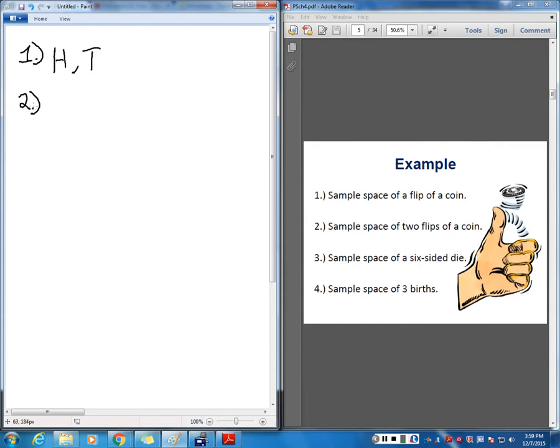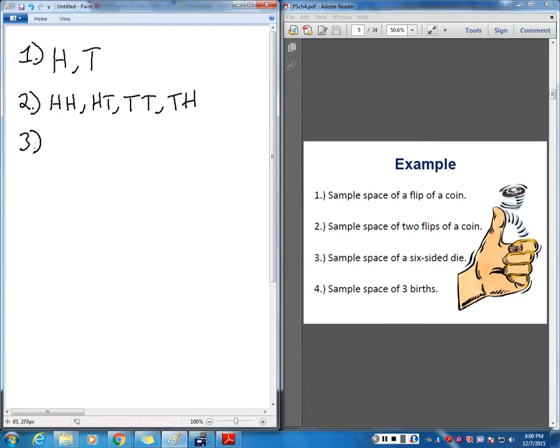Number two, let's find the sample space of two flips of a coin. Well, if you flip a coin twice, you can get heads and heads. You may get heads and then tails. You may get tails and tails, or you may get tails and then heads. Those are all the different possibilities. If you flip a coin twice, I guarantee you will get one of those four.